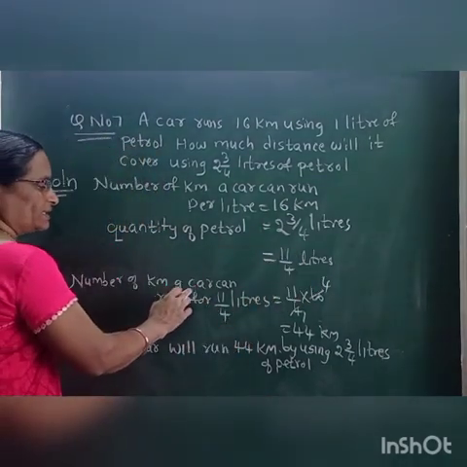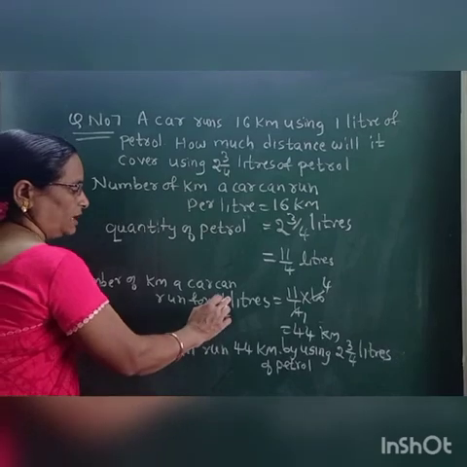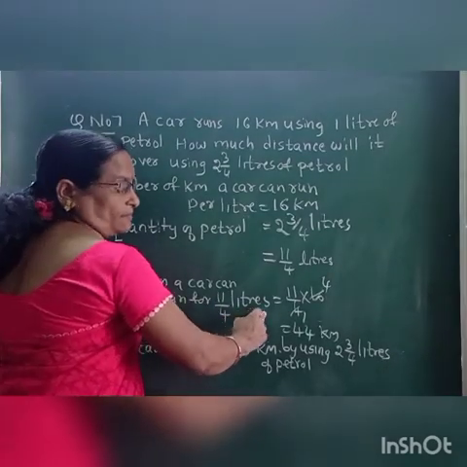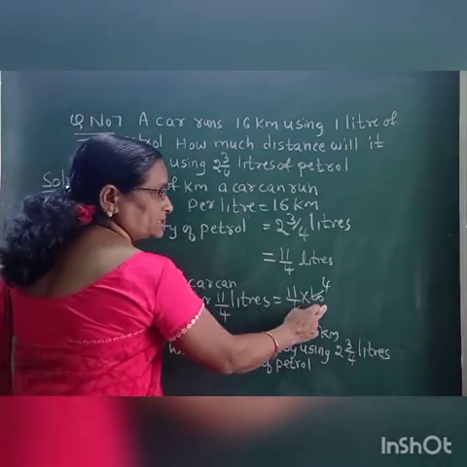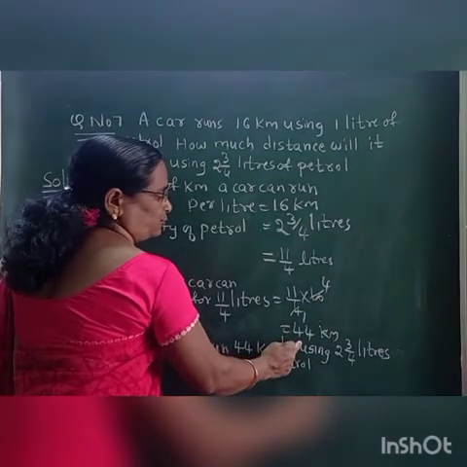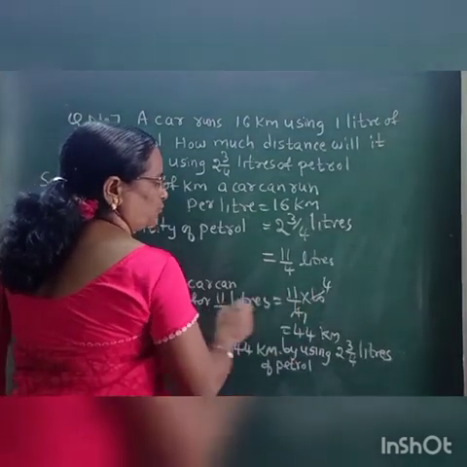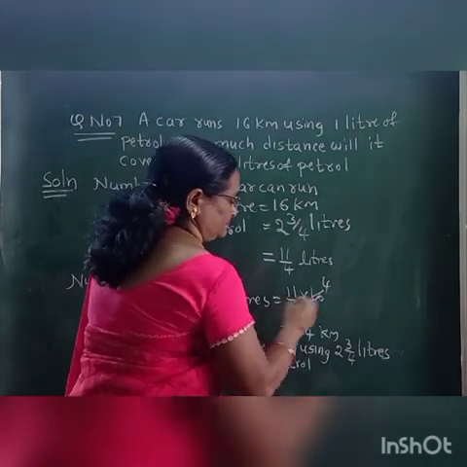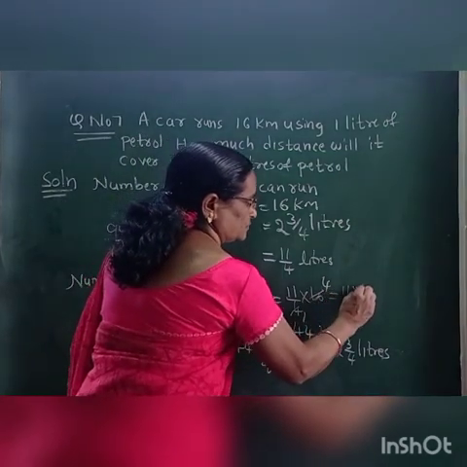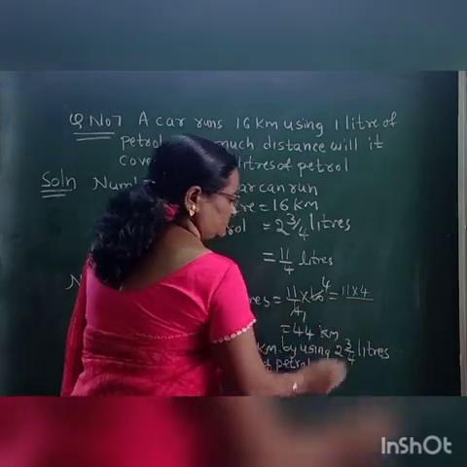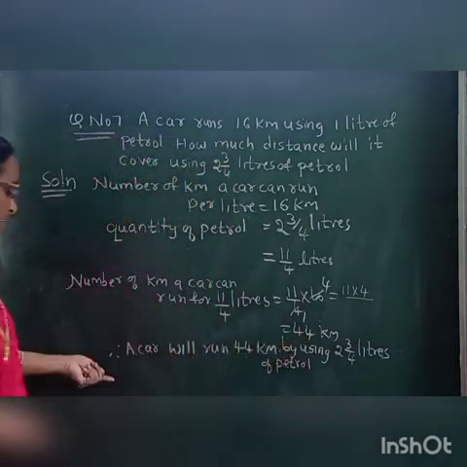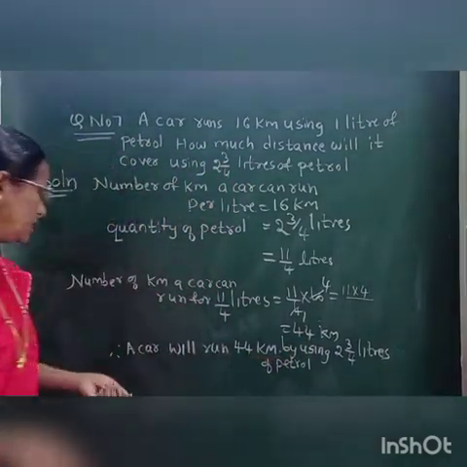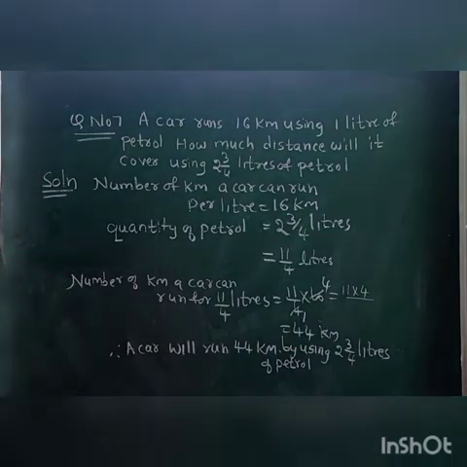Number of kilometers a car can run for 11 by 4 liters is, multiply these two, 11 by 4 into 16, we will get 44 kilometers, because here 11 and 4 are there. 11 fours are 44. So we got 44. A car will run 44 kilometers by using two integer 3 by 4 liters of petrol.